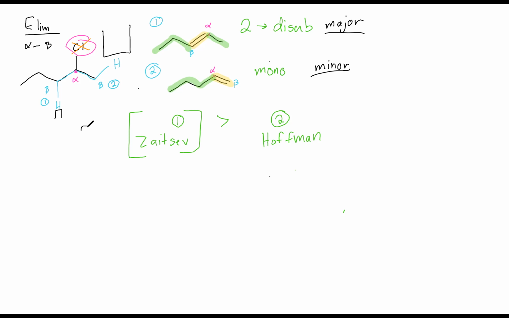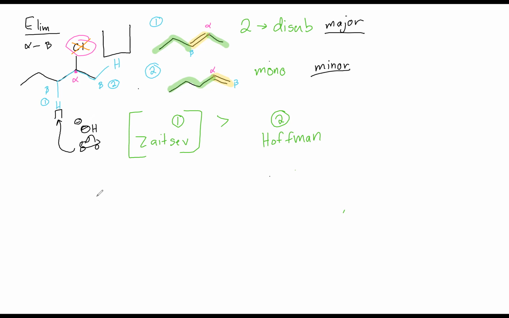If we have a tiny little baby base, yes, the idea is more substituted means more stable. Sorry. So if we have a tiny base, it's as if we had a little tiny baby bug car that can fit into basically any parking space. So it can fit into this more stable, more substituted hydrogen.